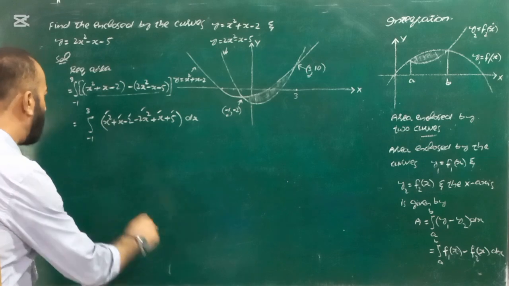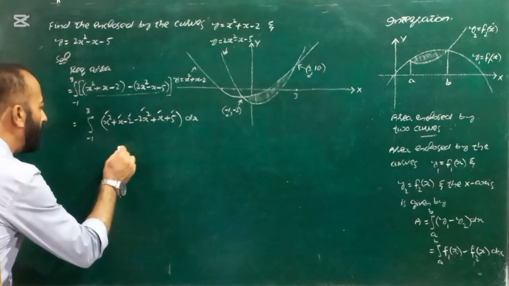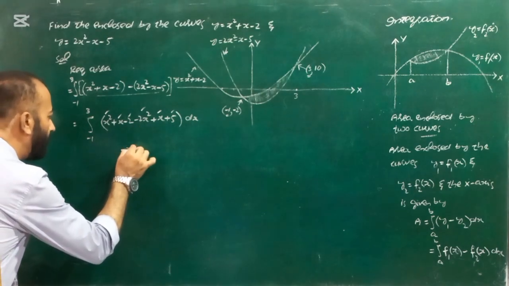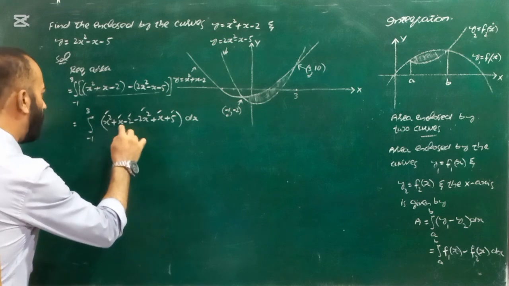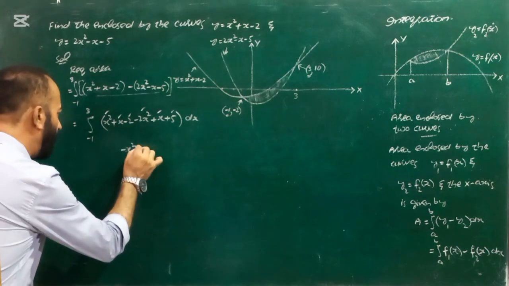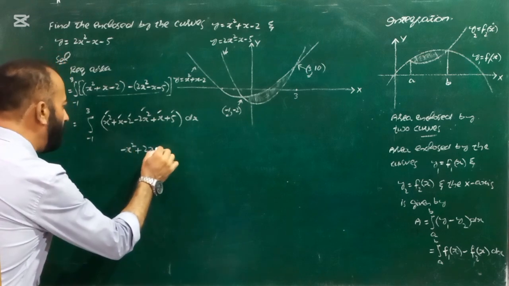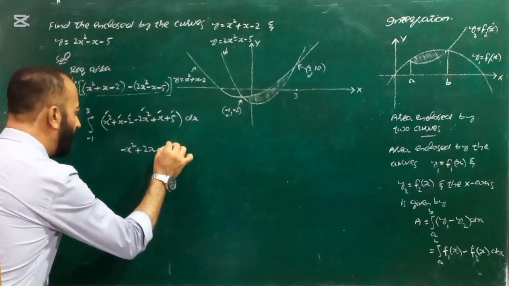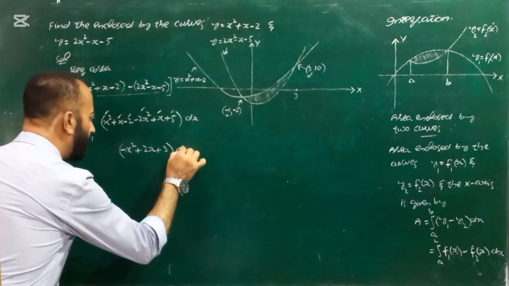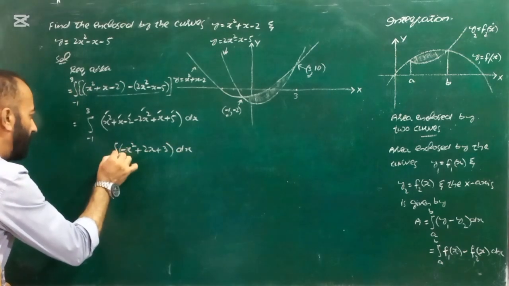Okay, solving it now, x square minus 2x square will be minus x square. x plus x will be plus 2x, and minus 2 plus 5 will be plus 3 dx, and sign of integration is still there.